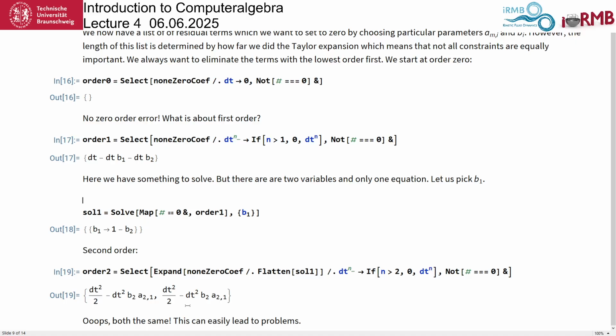So this may lead to some trouble, because you may think, okay, we have 5 equations, we have 5 variables and we can solve them, but as you see, they don't necessarily need to be independent of each other. So this is a possibility.